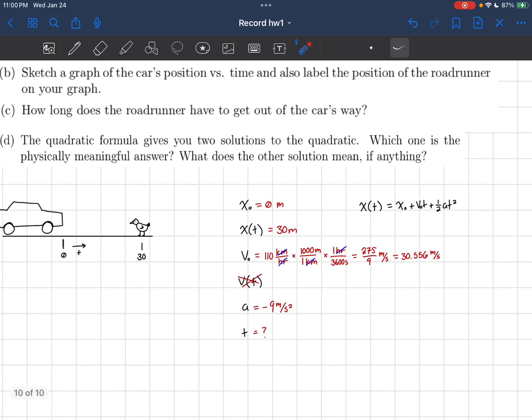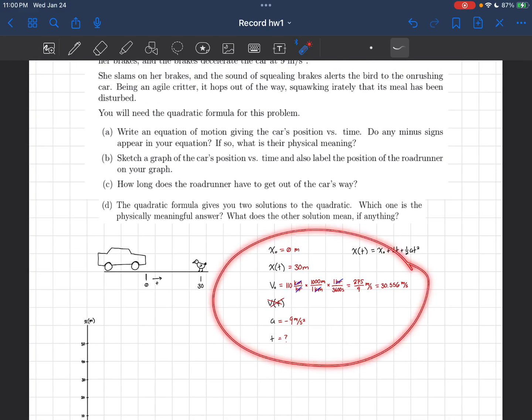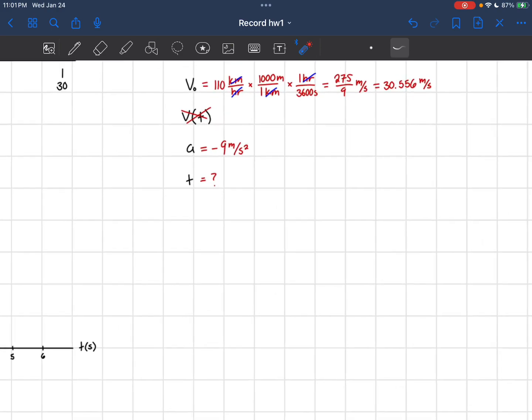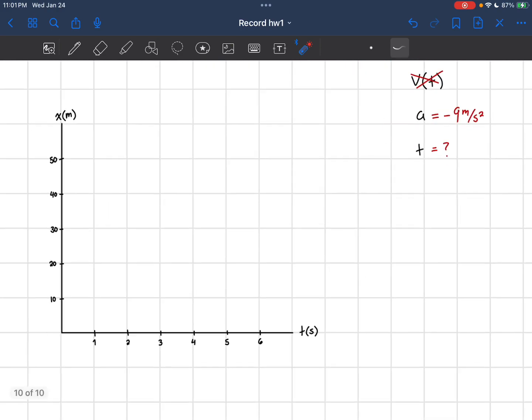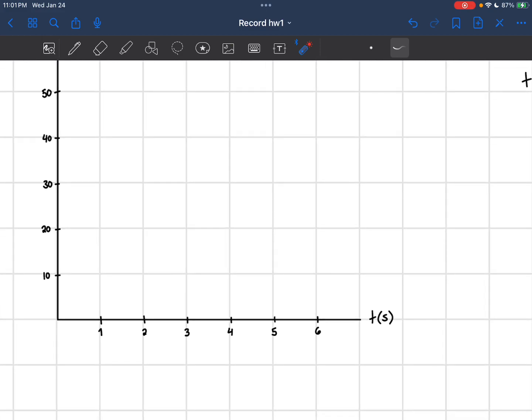Right. So now that we have all of our pieces together, we can sketch a graph of the car's position versus time. Now, I find it a little bit easier if I start by sketching the roadrunner's position, which is just at 30 meters and staying constant until it moves out of the way.